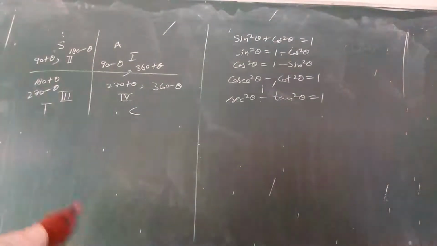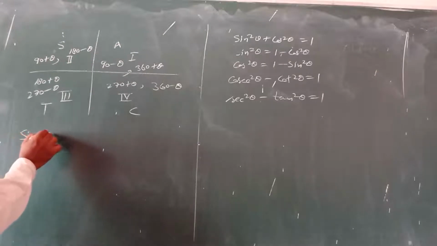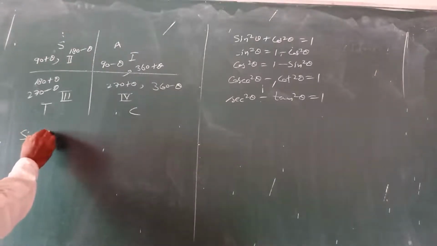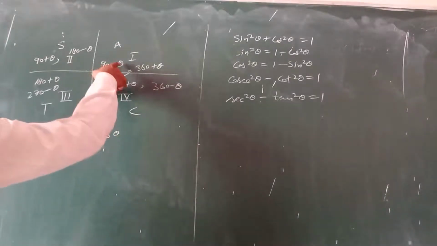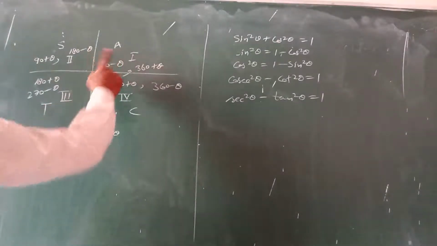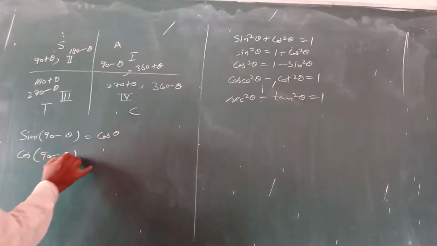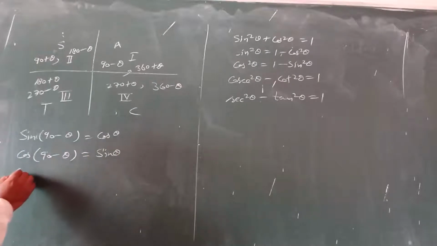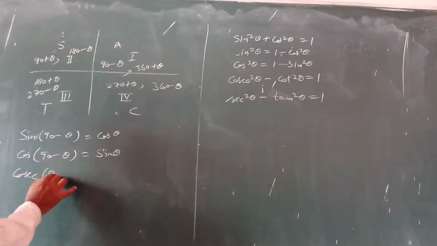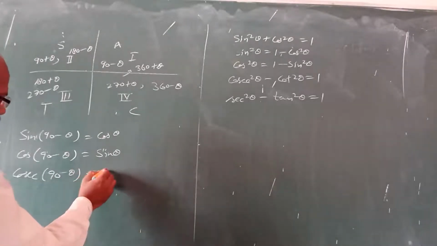Got it? Now what we have to do is make the formulas. Sin 90 minus theta changes to cos theta, and it is positive. Cos 90 minus theta changes to sin theta, and cosec 90 minus theta changes to sec theta.